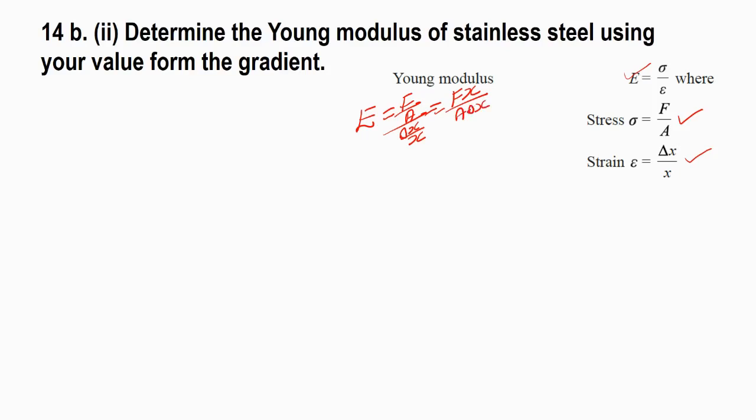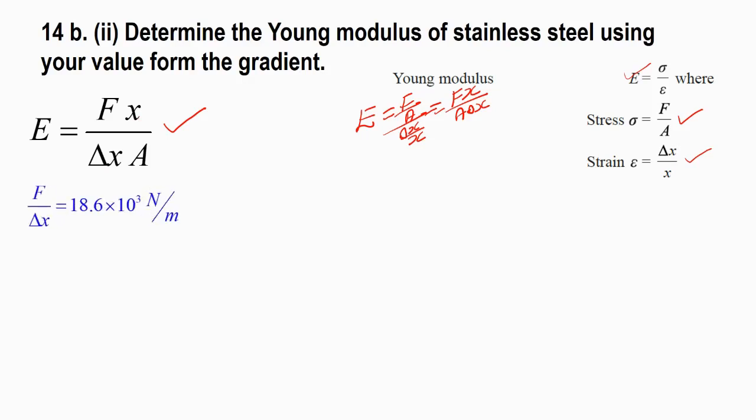Rearranging, Young's modulus is equal to F into x divided by delta x into A. F is the applied force, x is the original length, delta x is the change in length, and A is the cross-sectional area.